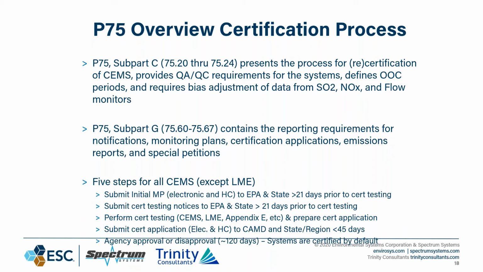Subpart G contains the reporting requirements for your notifications and certification, any monitoring plan work that needs to go on, your certification applications, emissions reports associated with them, and any special petitions you may have to file with the agency.